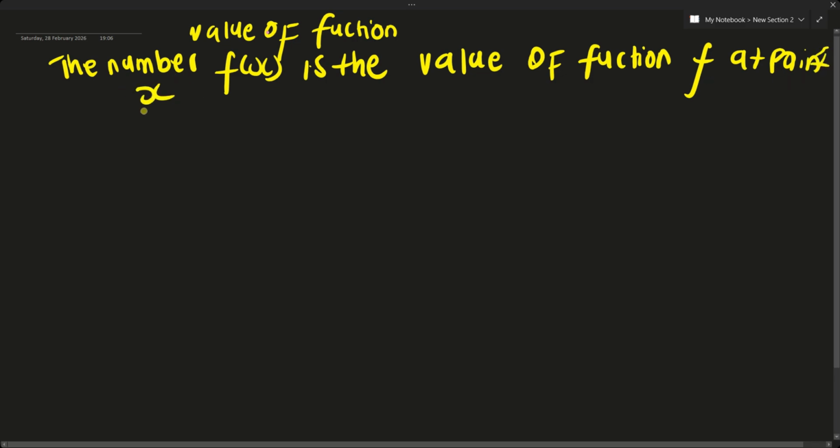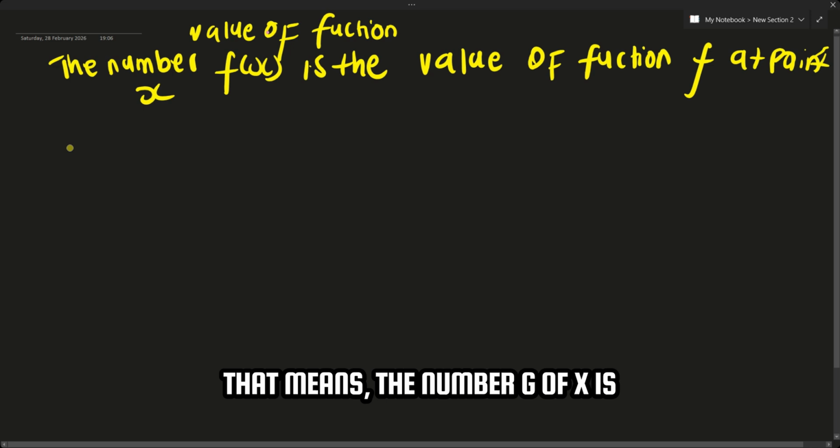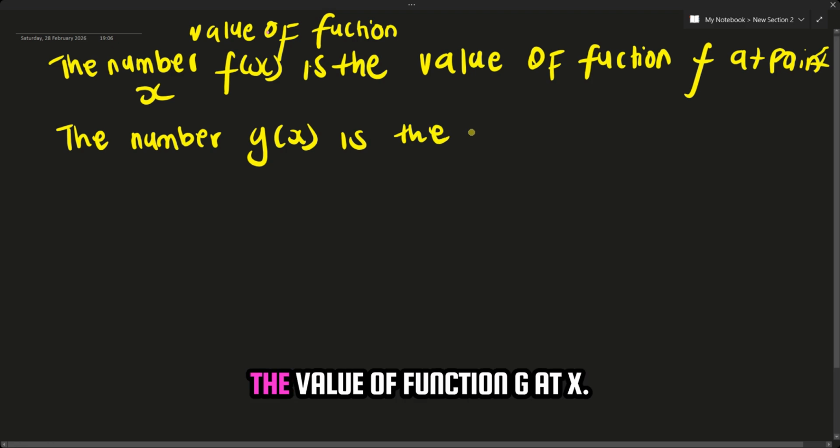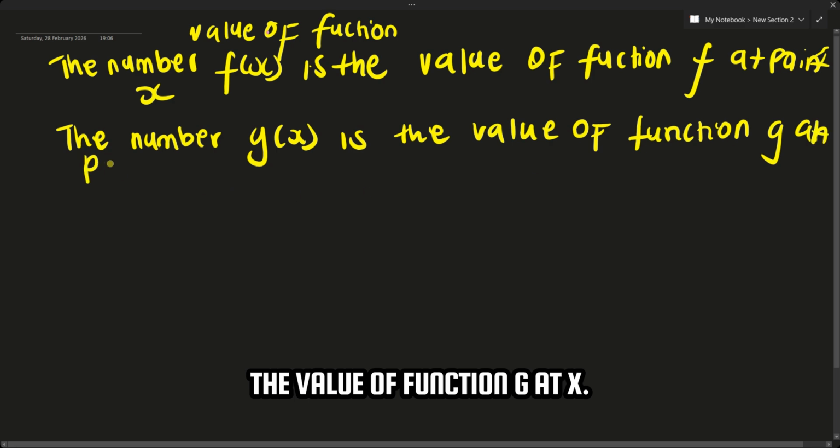Point what? Point x. That means the number g of x is the value of function g at point x.